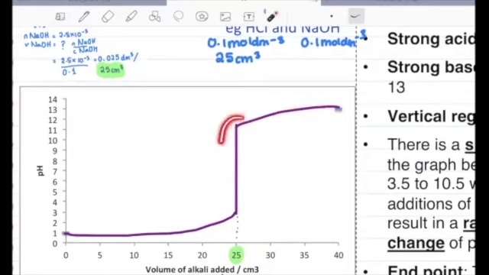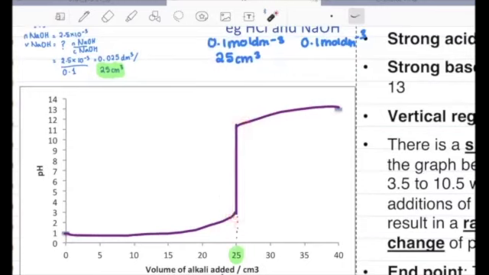The reason for this drastic increase is that near neutralization, or near the endpoint or equivalence point, a small addition of volume will cause a big change in pH. That's when you know that the reaction has completed or ended.